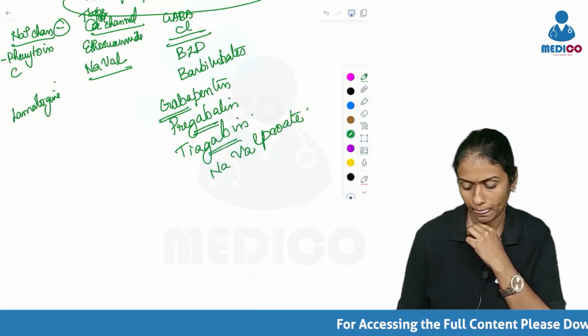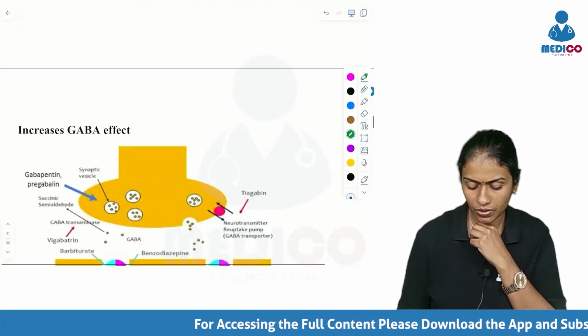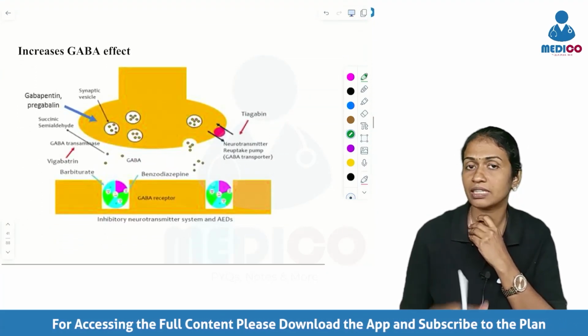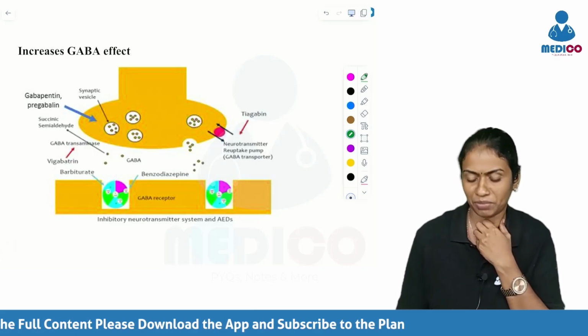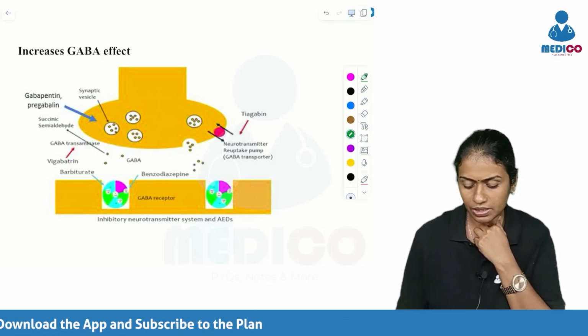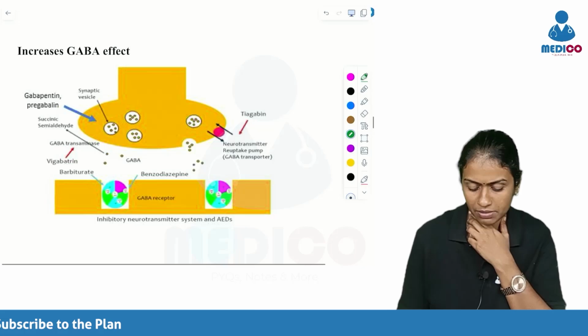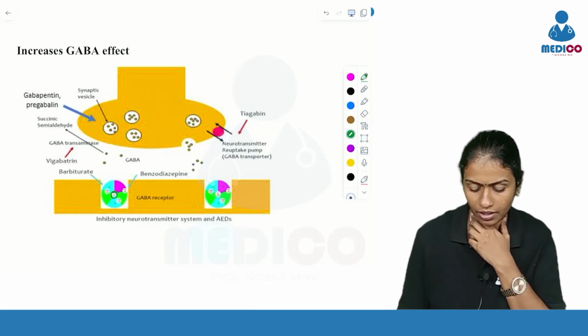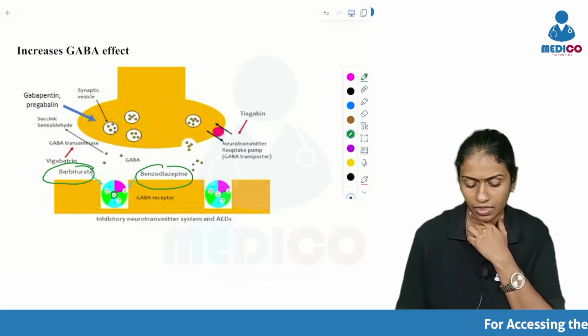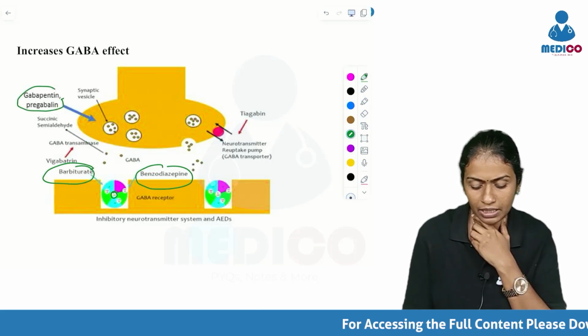So this GABA chloride channel we'll look at first, and then we'll go back to the complicated picture. Here you can see GABA normally binds to this GABA chloride channel. You have the barbiturates and the benzodiazepines. Then you have gabapentin, pregabalin.